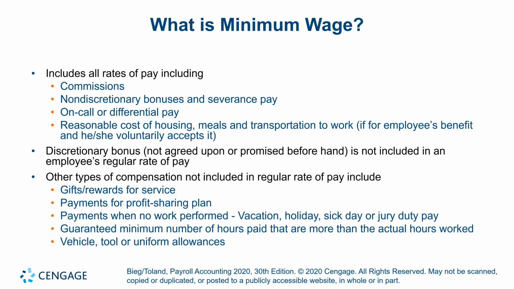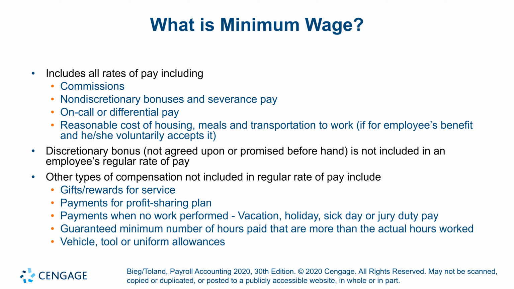Discretionary bonuses. So discretionary bonuses are bonuses that are not agreed upon, announced, or promised before payment. In other words, it's at the discretion of the employer to pay the bonus. So that's not included in an employee's regular rate of pay.